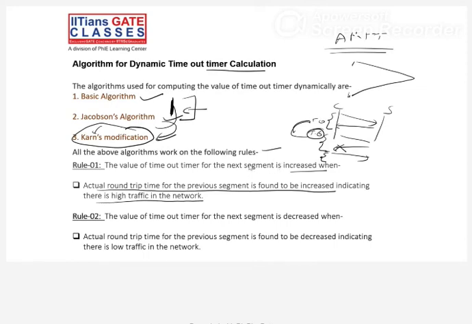This modification means there is some problem in both algorithms. To solve that problem, this scientist, Kahn, made some modification. That's Kahn's modification. Otherwise, the main algorithms are these two.